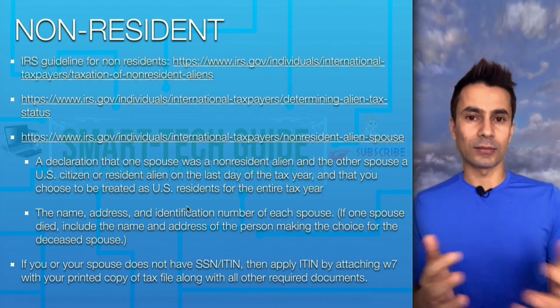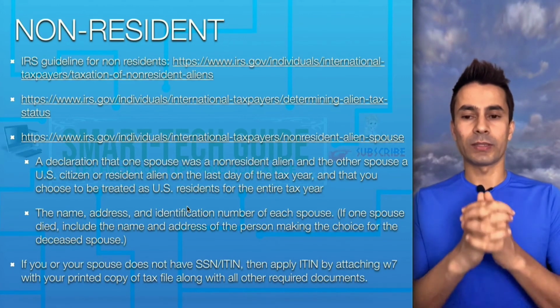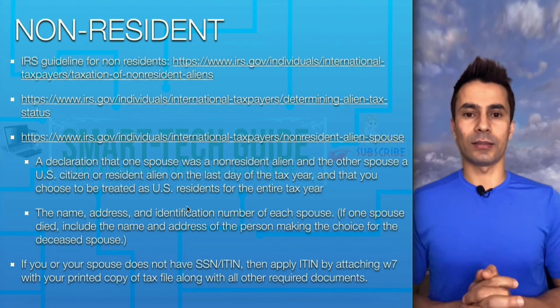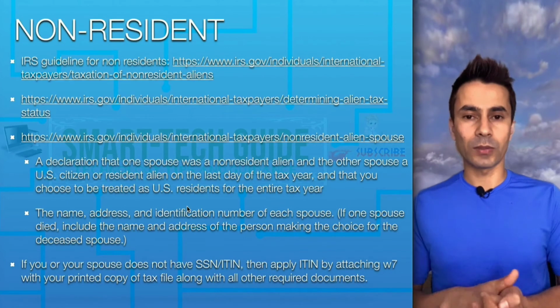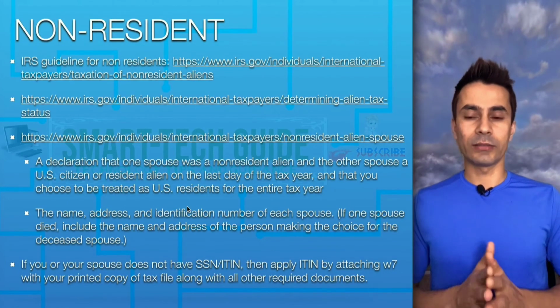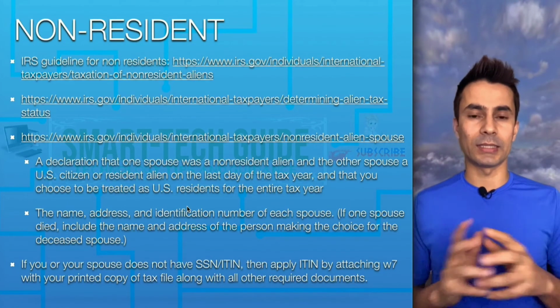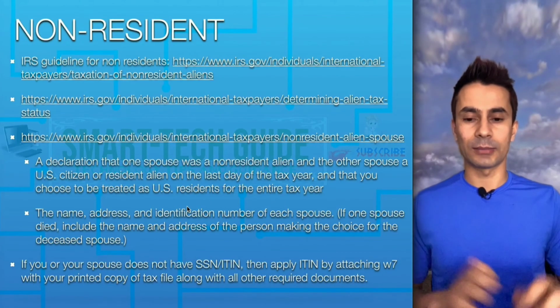That means it will be a high percentage. But if you are married and if you are supporting your spouse who lives abroad, then you are actually eligible to file with a non-resident alien spouse.